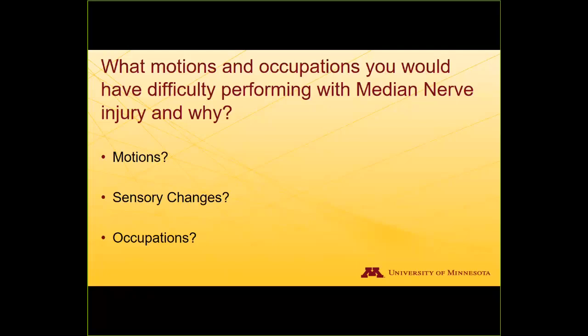It's very important for prehension. Feeding again would be hard, holding onto utensils. So anything that requires prehension, anything that requires pinch, palmar pinch, tip pinch, to some extent lateral pinch.